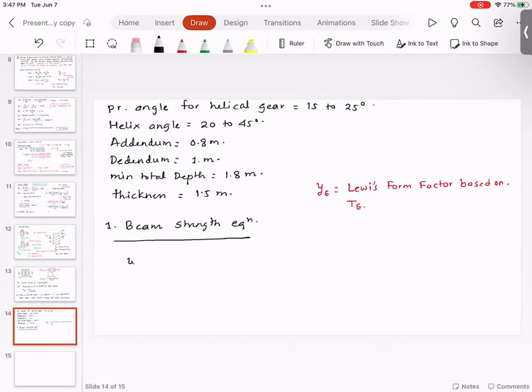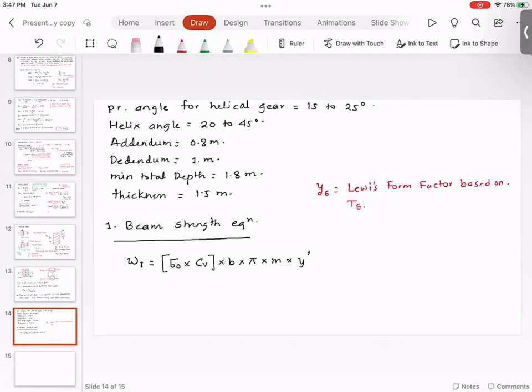WT is equal to sigma naught times CV times B times pi M times Y prime.